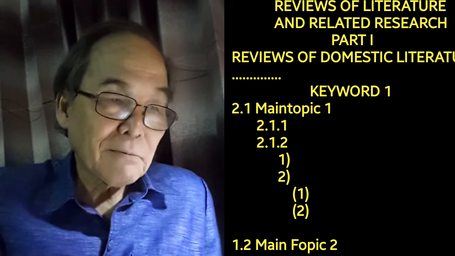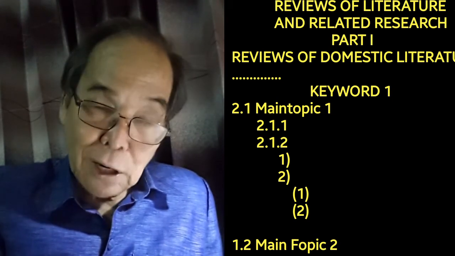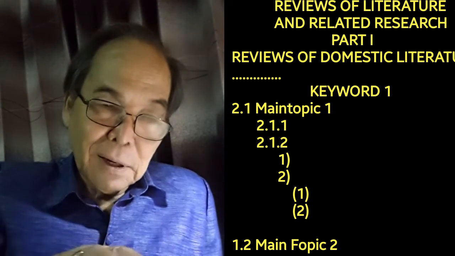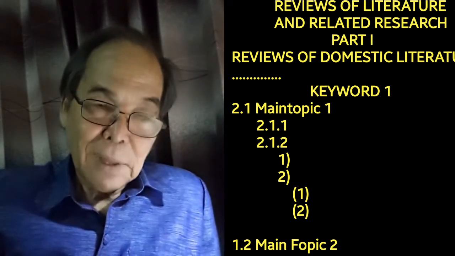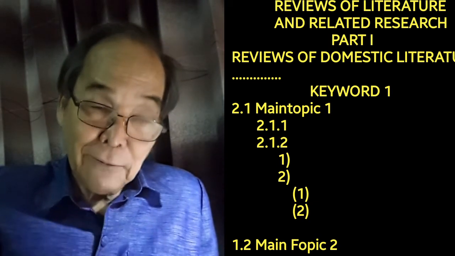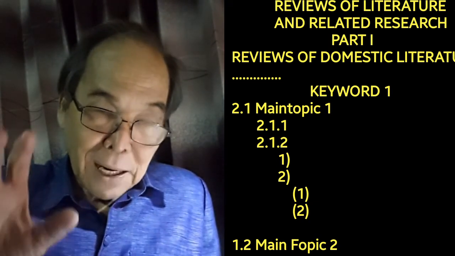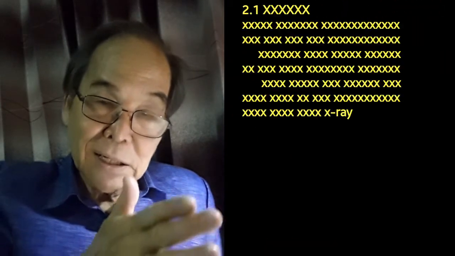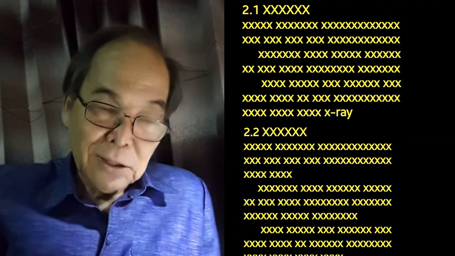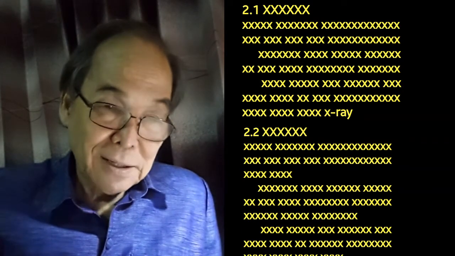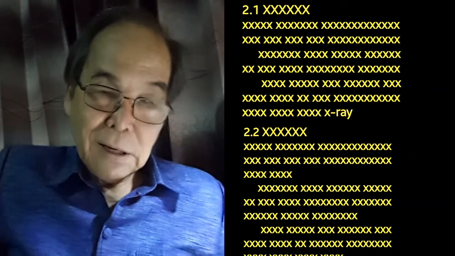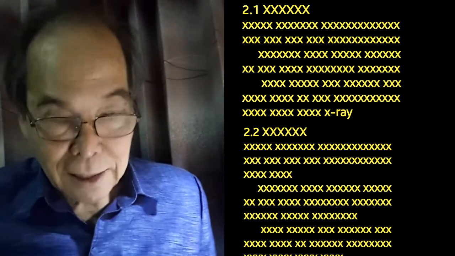Now, for each of the topic, when you write your explanation of each topic, remember that the first paragraph must be left justified. You don't indent it. Okay. But paragraph number 2, number 3, number 4 need to be indented.